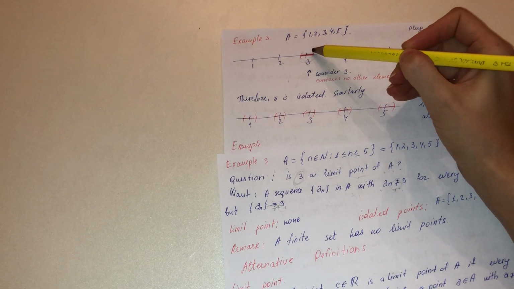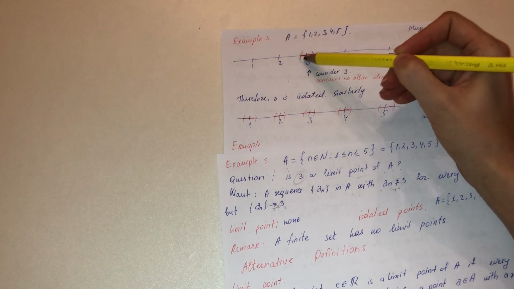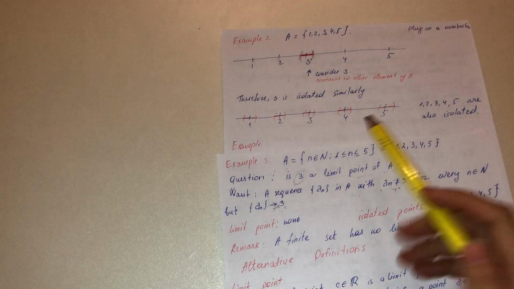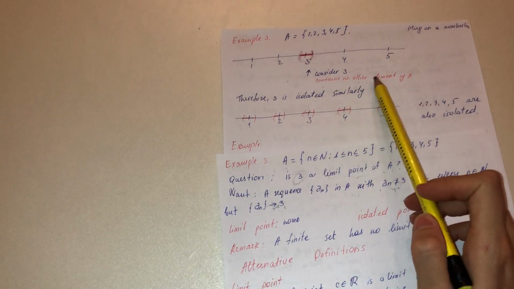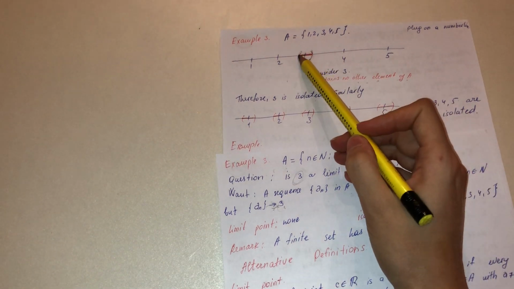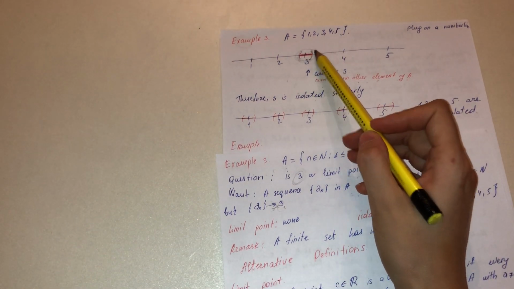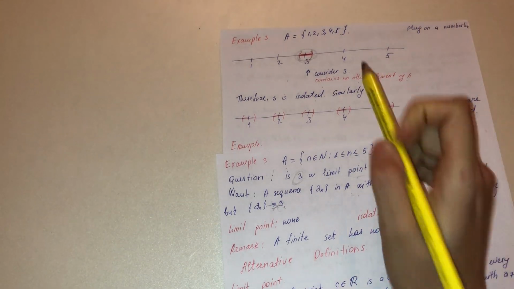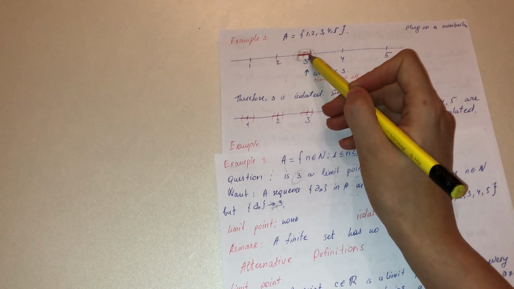Here is a neighborhood of 3, and it contains no other element of A. We can find any neighborhood.